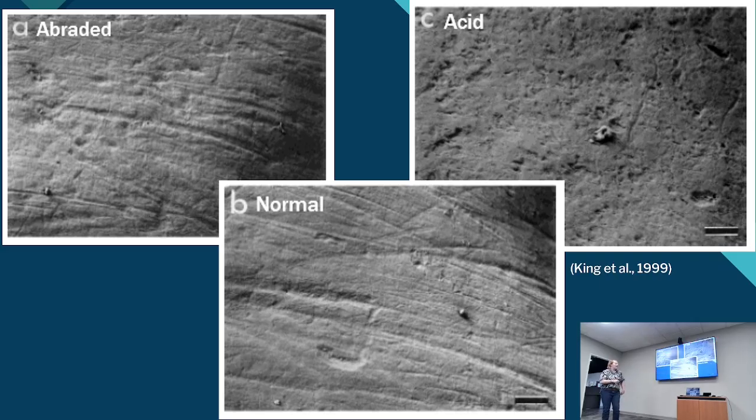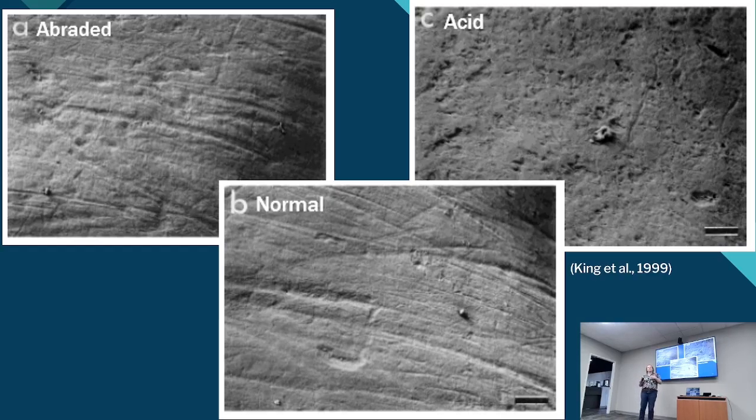So when we look at microwear, there are a couple different ways that taphonomy can affect it. In the middle of the screen, we have more of a normal pattern of microwear that hasn't really been affected. Up in the upper left, we have an abraded pattern where you can still kind of see the microwear, but you can see that it's been worn down over time.